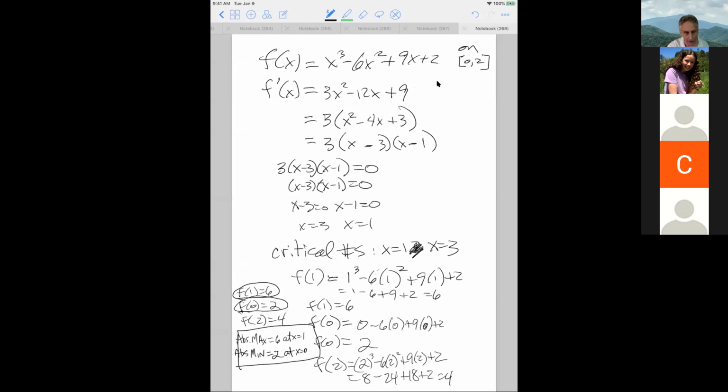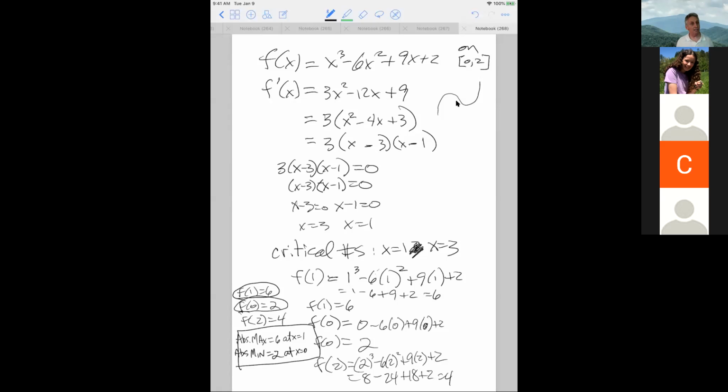What we're going to be working with is, what does that graph look like? It's a cubic function, right? So on a graph, it's going to look like this.